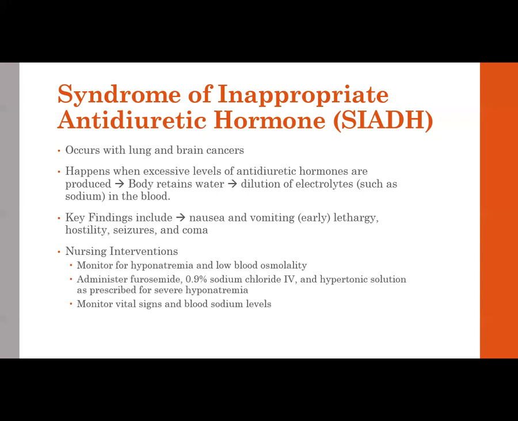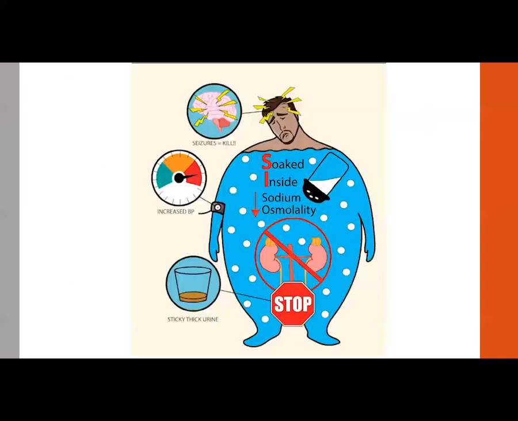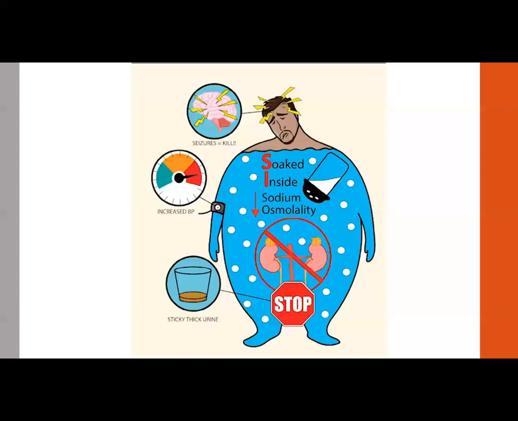You can administer furosemide, which is our Lasix, to pull off some of that fluid, and 0.9% sodium chloride in a hypertonic solution as prescribed for severe hyponatremia. And you want to make sure you're monitoring your vital signs and sodium levels. And this here is a picture showing what it looks like.